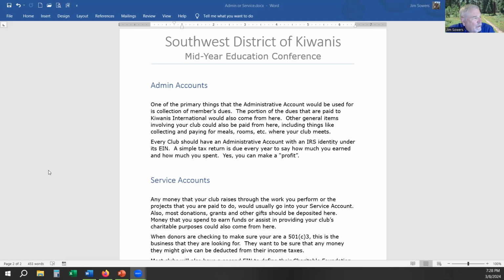Getting a 501c4 designation for a Kiwanis club is a very standard function, and it happens when the club is formed. And so it almost certainly exists. A foundation is something that should be done probably near the time that the club is formed, but it may actually come sometime later. And if you don't have a foundation, in essence, you don't have a service account. And so you cannot convey tax deductibility to anybody.